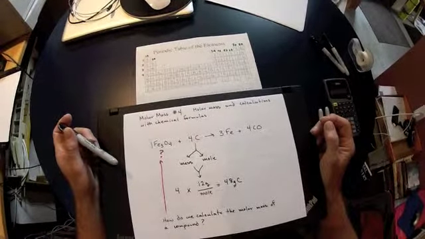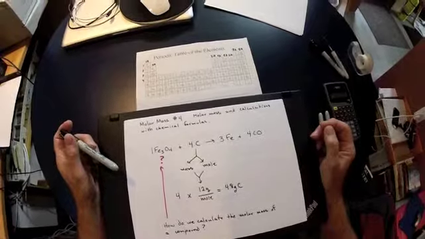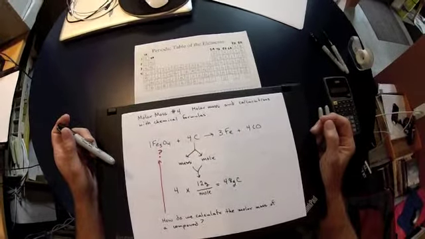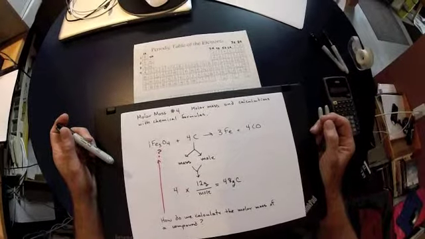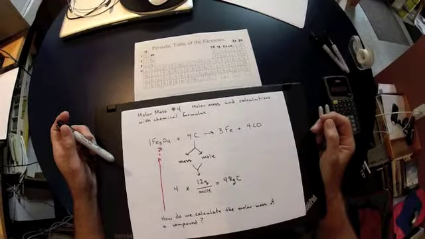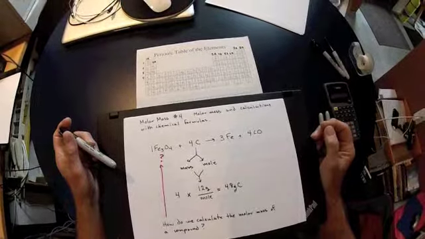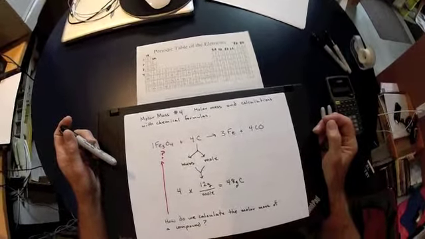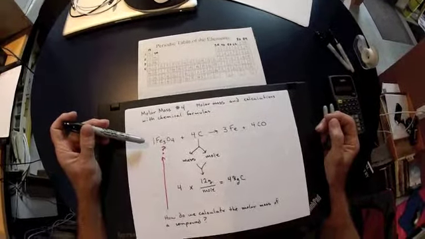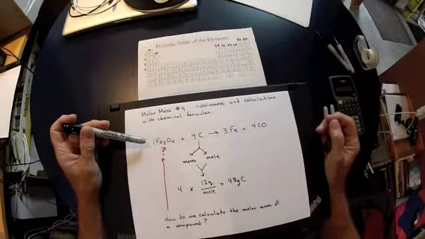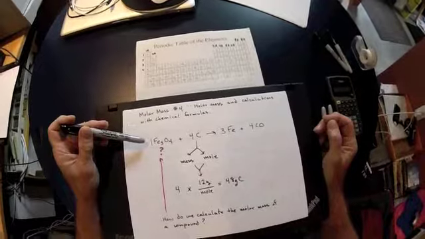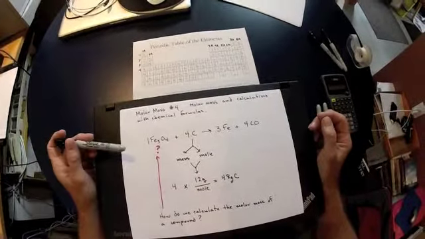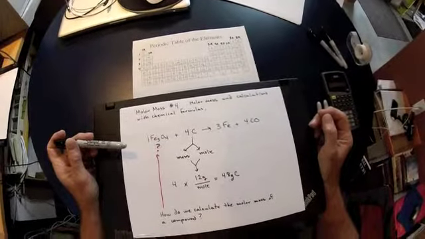In the case of the mole, though, a mole is equal to 6 times 10 to the 23rd of whatever, particles, molecules, atoms, apples, oranges, whatever the situation. So what this equation is telling us is that it requires 1 mole of iron ore to react with 4 moles of carbon.